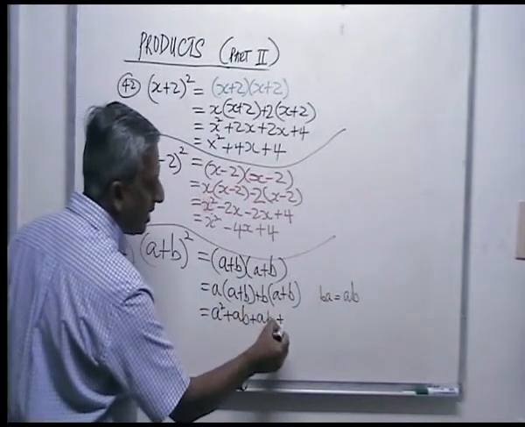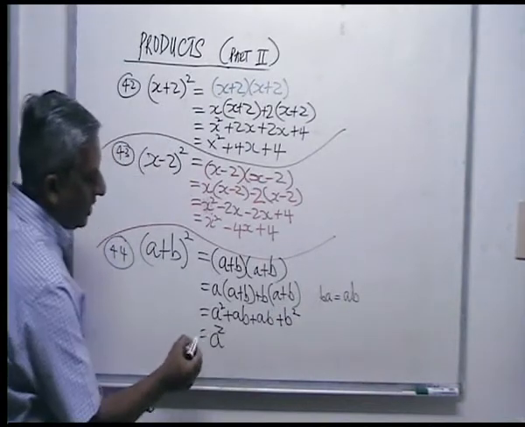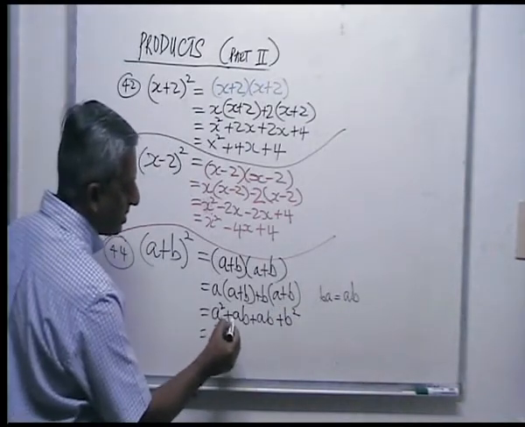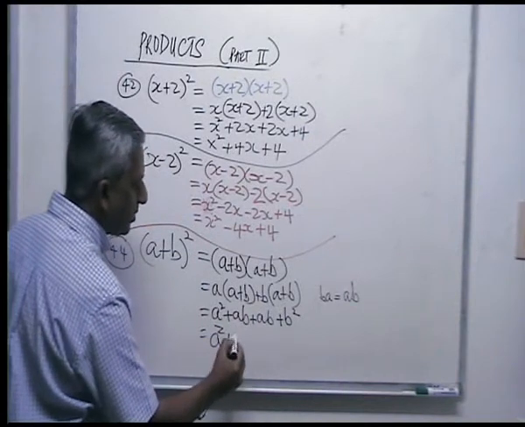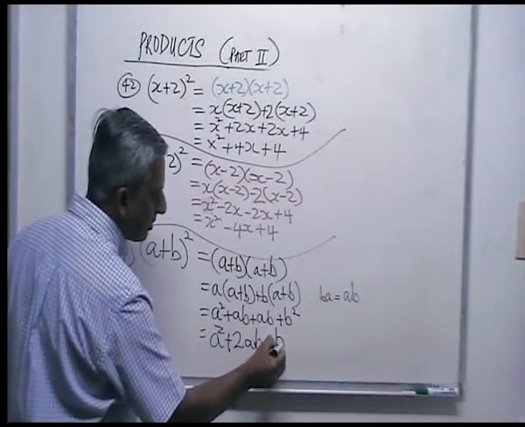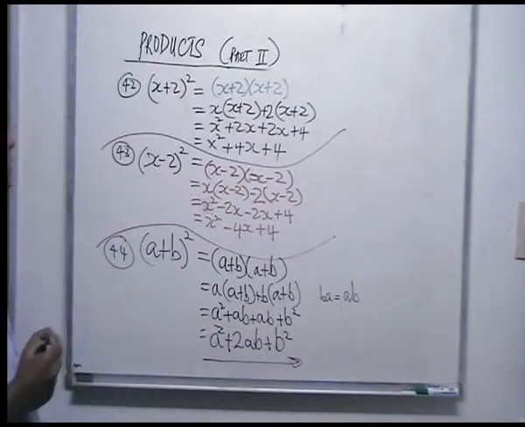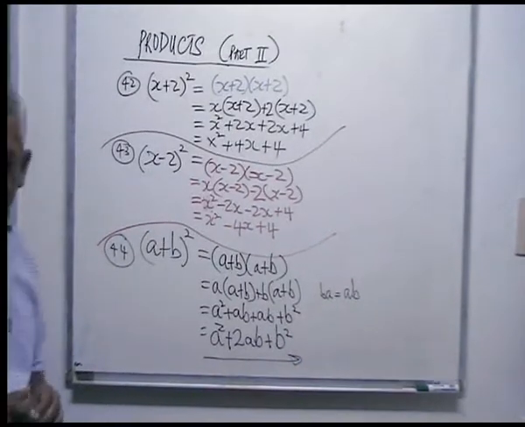So that's ab plus b squared. And that finally gives you a squared plus 1a plus 1a gives you 2ab plus b squared. Right. So we finished 42, 43, 44.